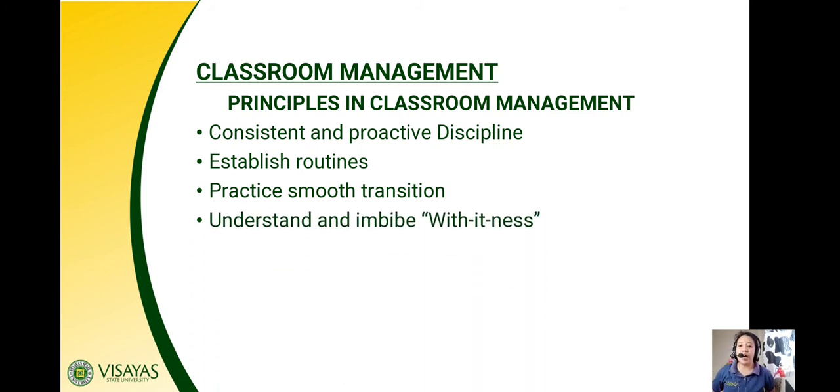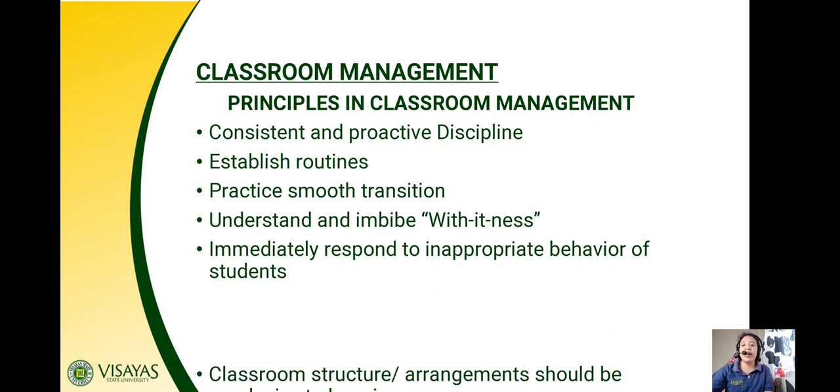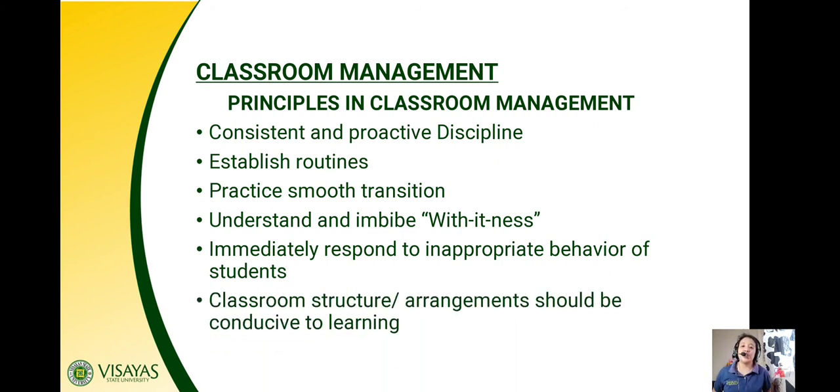Then we have to understand and imbibe withitness. So withitness, having eyes at the back. Then we have immediately respond to inappropriate behavior. To avoid the so-called ripple effect, we need to respond to inappropriate behavior. Then the last one, classroom structure arrangement should be conducive to learning. So here are some principles in classroom management.